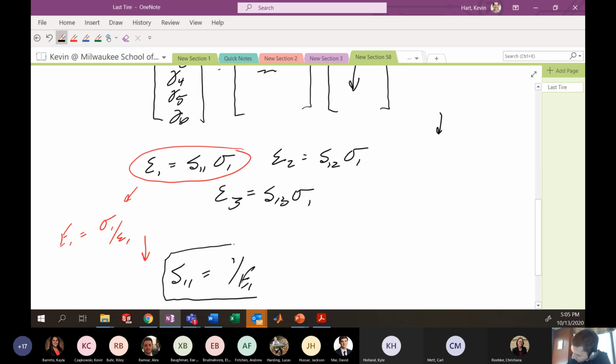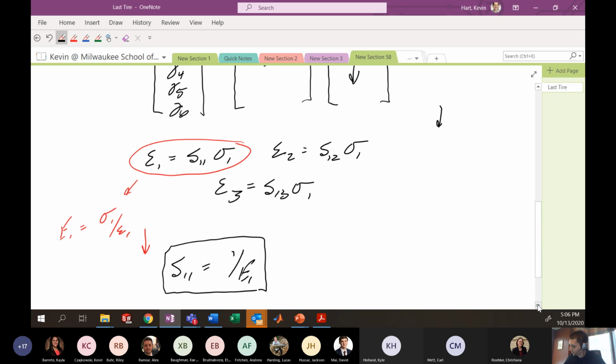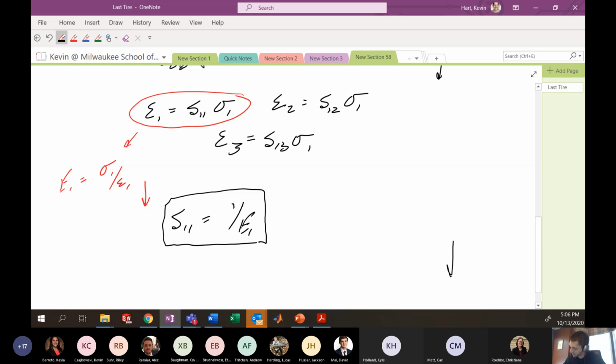And that was just one entry of the compliance matrix that we could write in terms of the more traditional engineering constants that we know and love from your 2004 and 3005 classes. Okay, so that was one example. And the idea here is that we did this for many experiments.